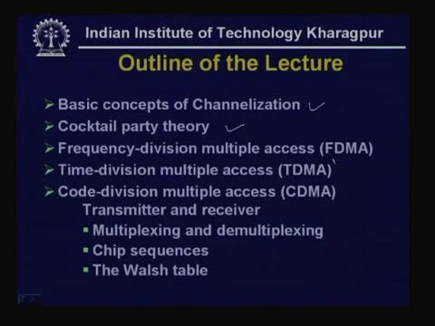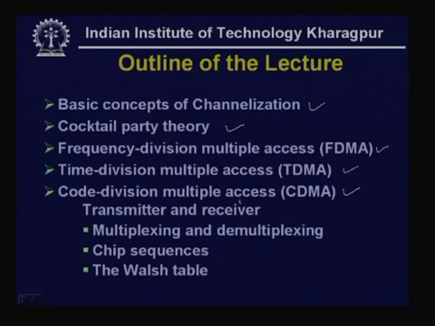Then we shall discuss the three important types of channelization based medium access control techniques: frequency division multiple access FDMA, then time division multiple access TDMA, then code division multiple access CDMA.